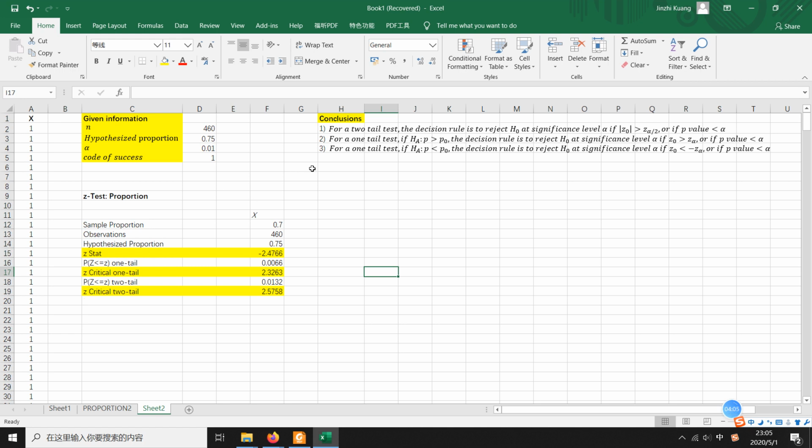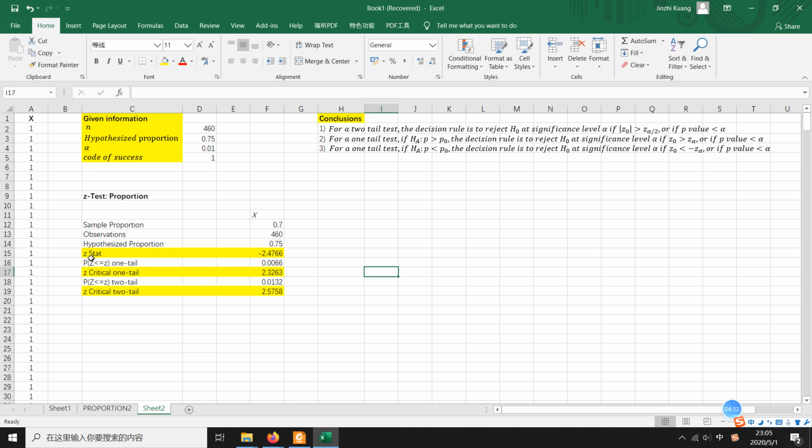And finally, the third circumstance. For a one-tailed test, if the alternative hypothesis is the population proportion is smaller than P0, the decision rule is to reject H0 at significance level alpha if the Z statistic is smaller than the negative Z critical value for one-tailed test.